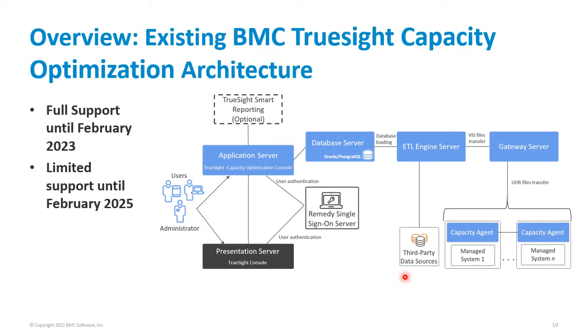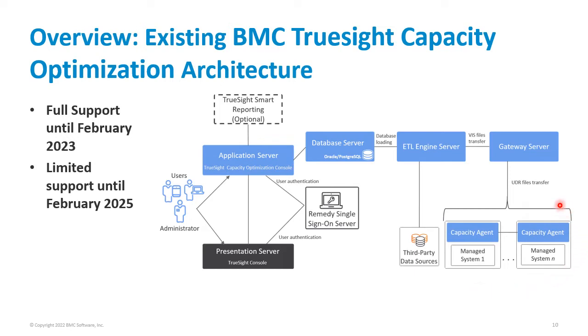We support a variety of third-party data sources, both cloud-based and non-cloud-based, such as VMware for non-cloud, or such as Azure, Google Cloud, or AWS. In addition, we support capacity agents that are installed and running on the pieces of the infrastructure.